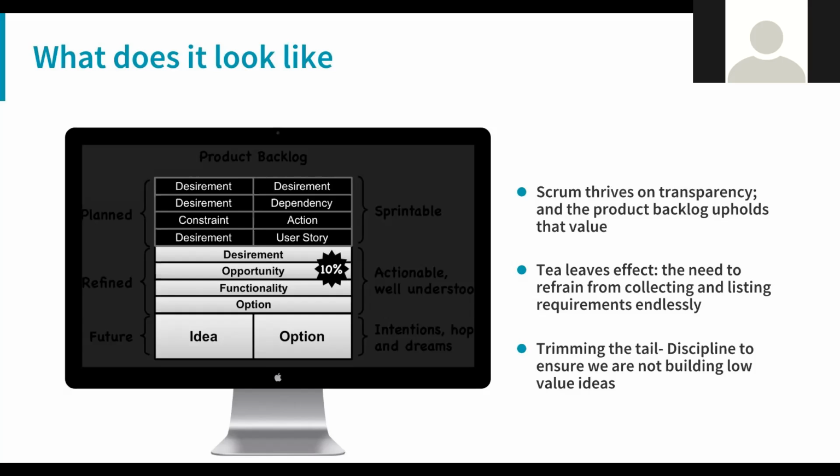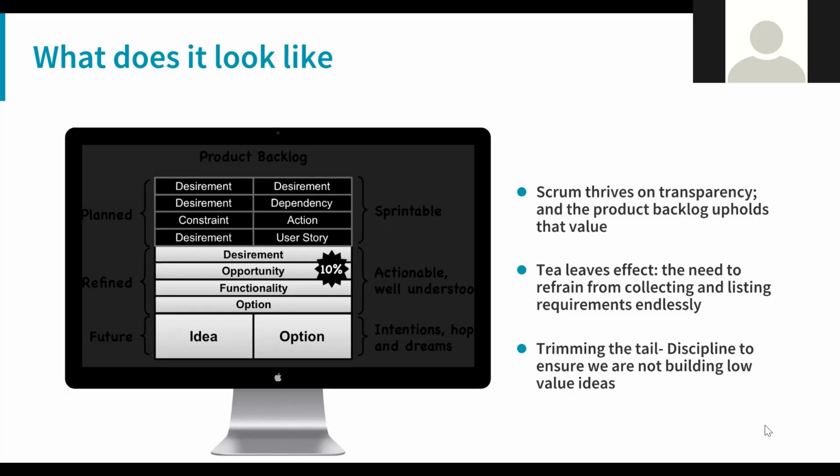But the backlog, remember, is the list where we're refining or ordering things that we want to get done now. So think about those tea leaves: when the water gets stirred, the tea leaves are going everywhere, but the product backlog comes to ensure that it settles, and then we're clearly seeing exactly what we need to do in that environment.